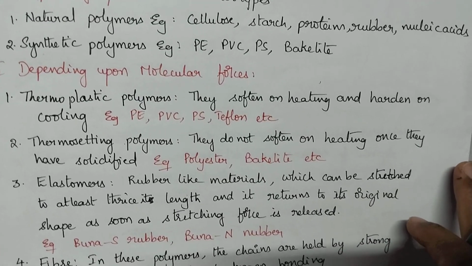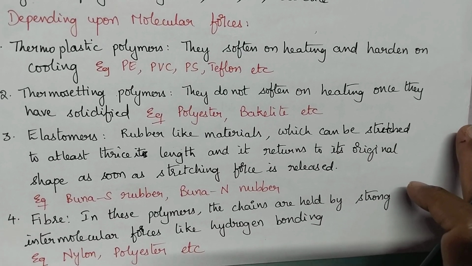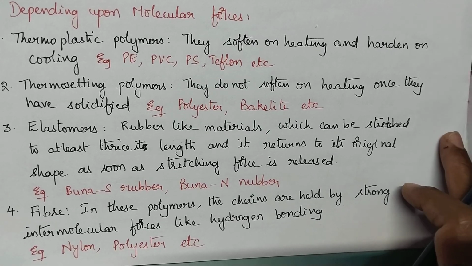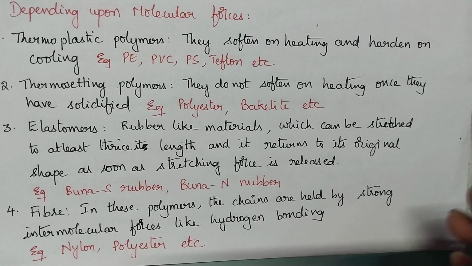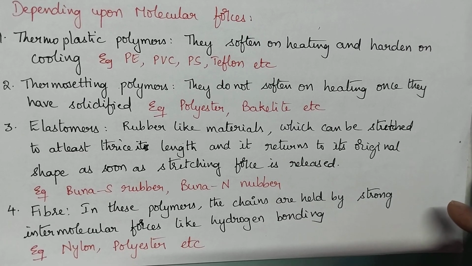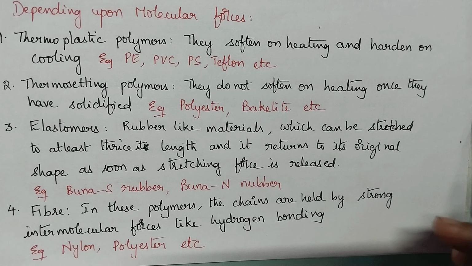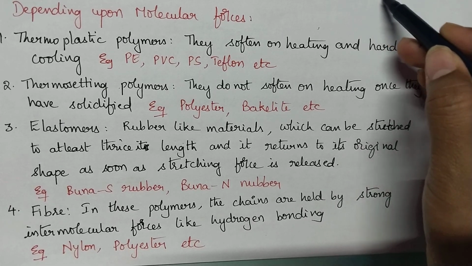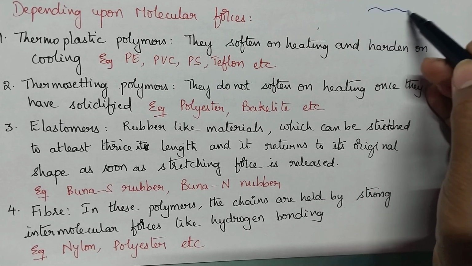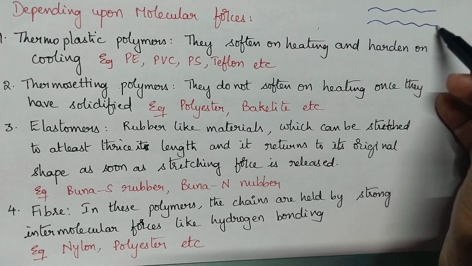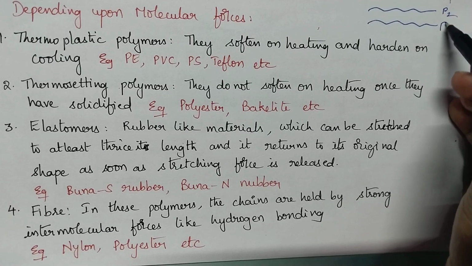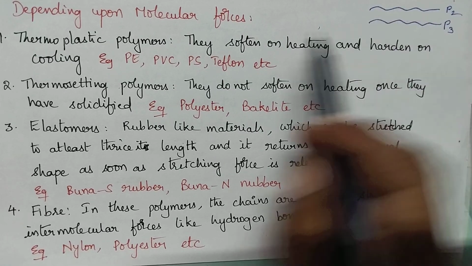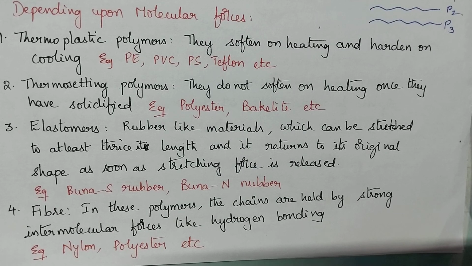Coming to the classification based upon the molecular forces. Whenever we consider a polymer, it consists of a number of polymer chains. So based upon the molecular forces that exist between the polymer chains, depending upon the force of attraction between them, all the polymers can be classified into four categories.